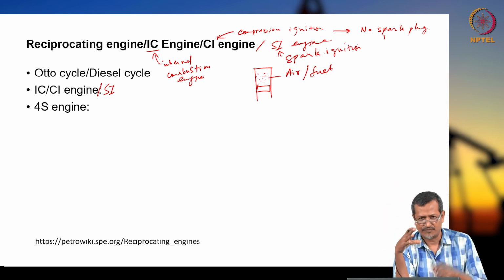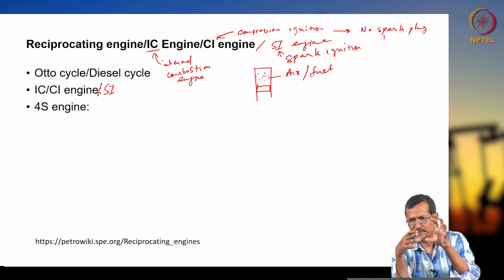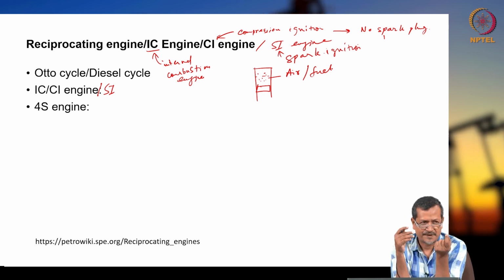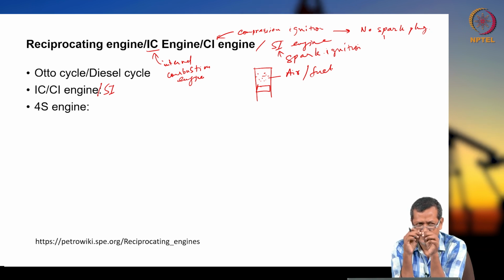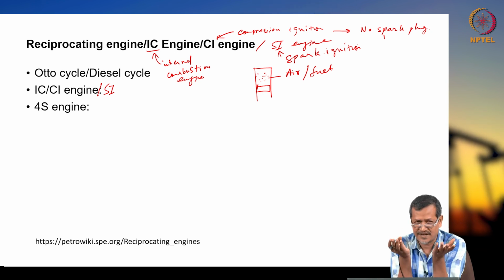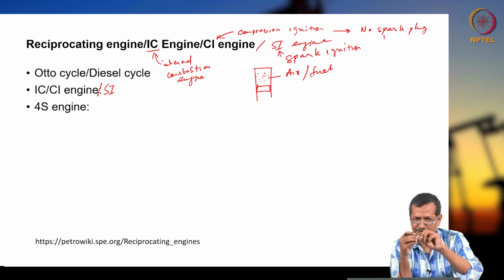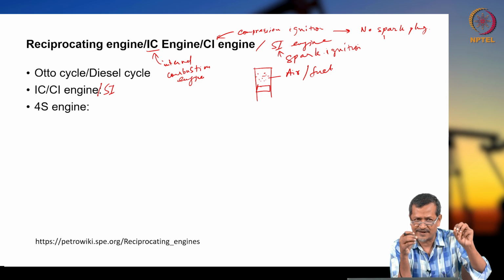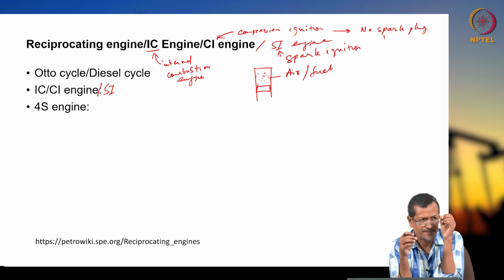You have one cylinder, you put the air and fuel mixture, now it is a combustible mixture, now it needs some spark. A small spark means a small amount of fire, and it will start reacting, giving an exothermic reaction. Exothermic reaction means lots of heat will be generated, that heat will go to another particle, so the whole thing will get burnt. That is a spark ignition engine.